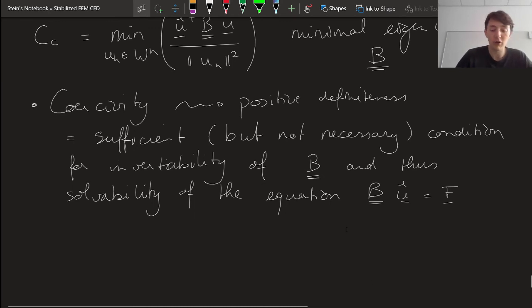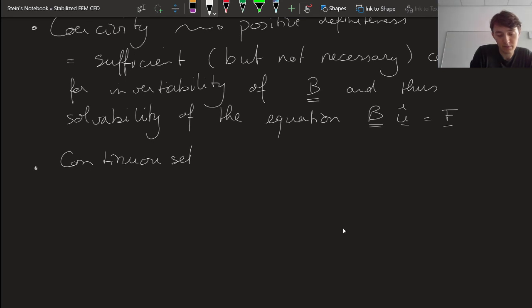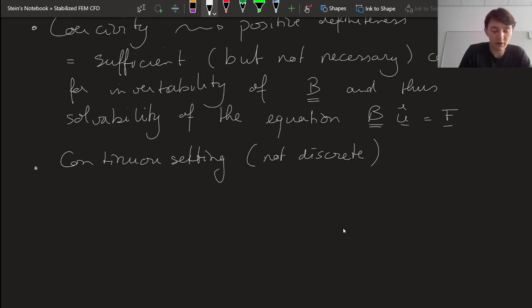Now, to just give you the answer for the general question then, so in the continuous setting, which means not discrete. It's a nice way of saying non-discrete is the continuous setting.